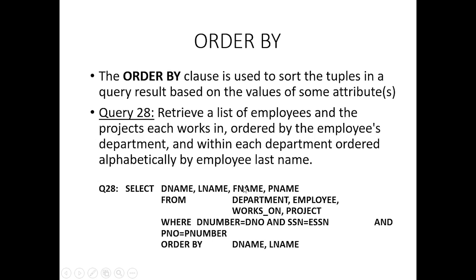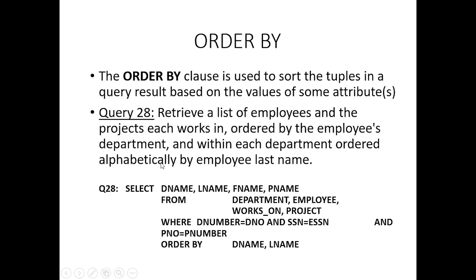So we need to order by department and employee last name. So SELECT D name, L name, F name, and P name FROM department, employee, works_on, project WHERE D number = DNO, SSN = ESSN, and PNO = P number. Then ORDER BY D name, L name.